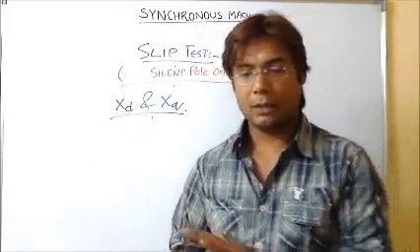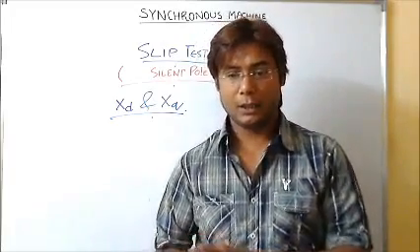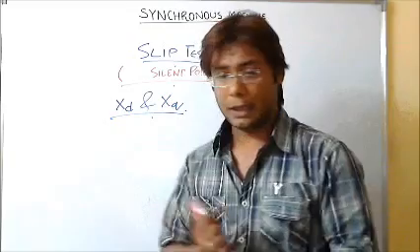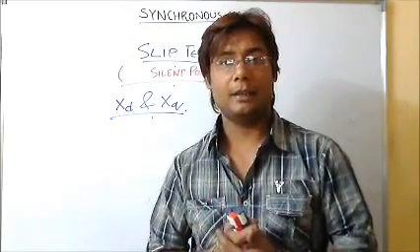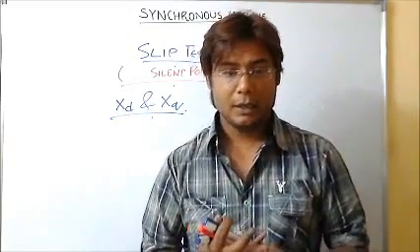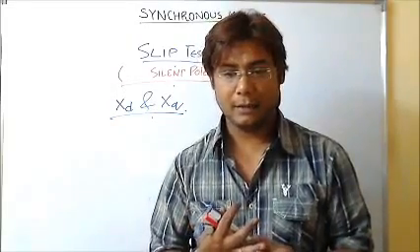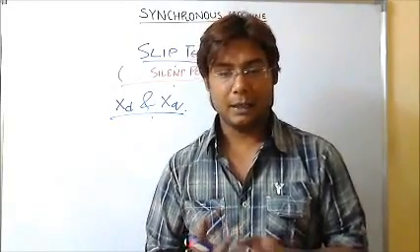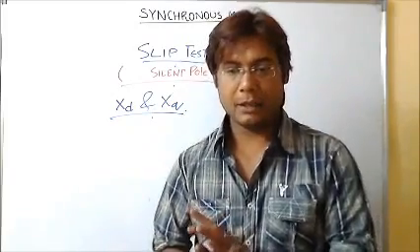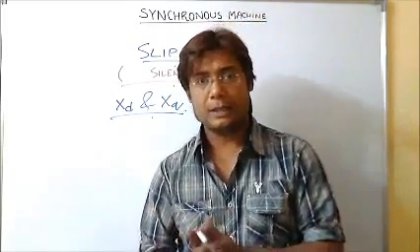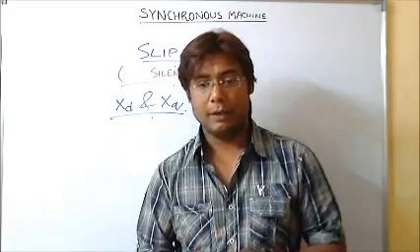So this is how the test is conducted. First of all, the test is conducted to find the XD, XQ and the armature resistance if required. The alternator is energized with the field unexcited, and we measure the line voltages, and from the formula we find the XD and XQ.